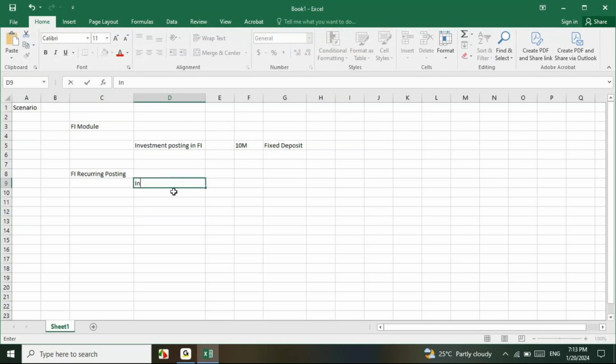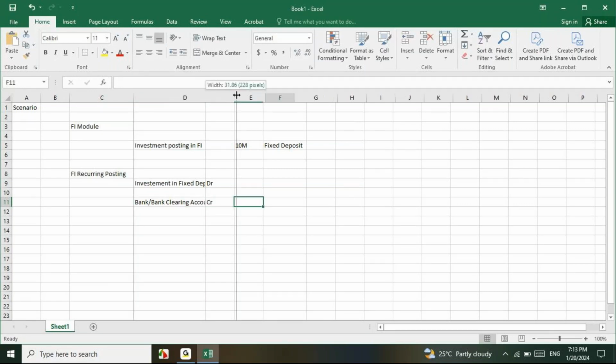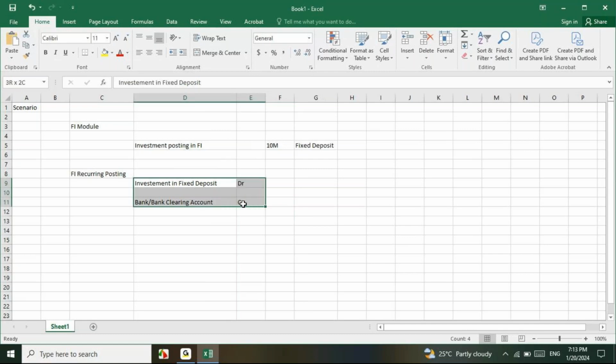For example, investment in FD, or fixed deposit, would be the debit, and the bank or bank clearing account would be the credit. This is what we can do in the posting. What else?